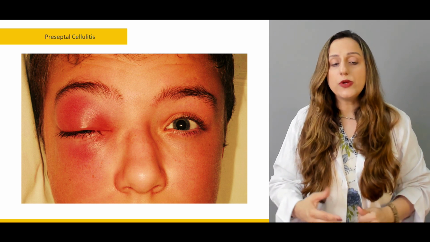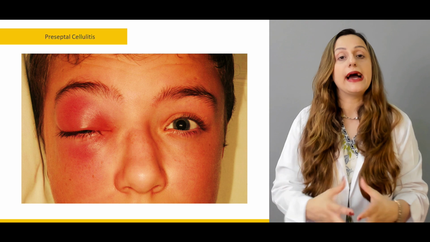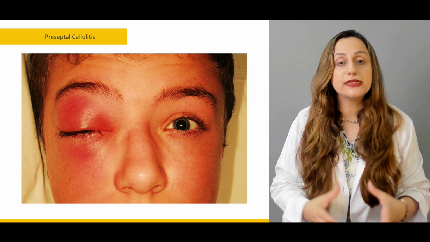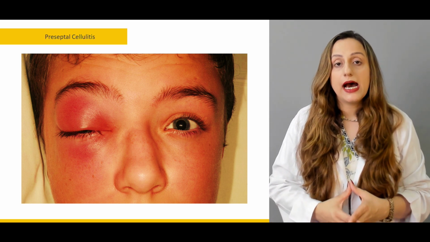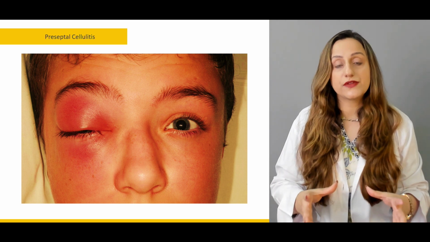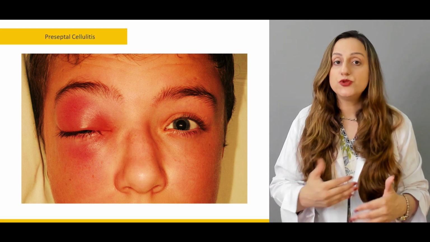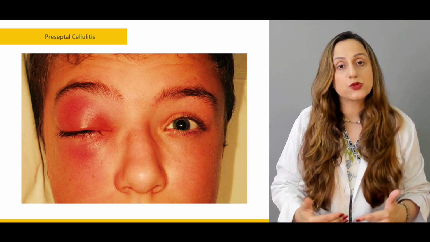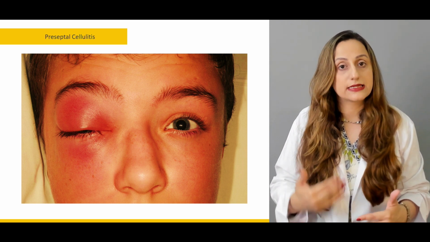Then we can even have sources from the outside, from the environment. Usually the patient would give you a history of waxing of the eyebrow area, and usually after that the patients present with this preseptal cellulitis condition.